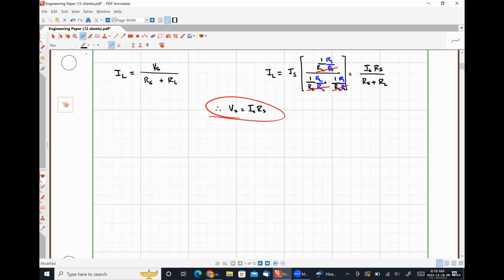So let's say that we had a 6-volt source in series with a 3-ohm resistor.